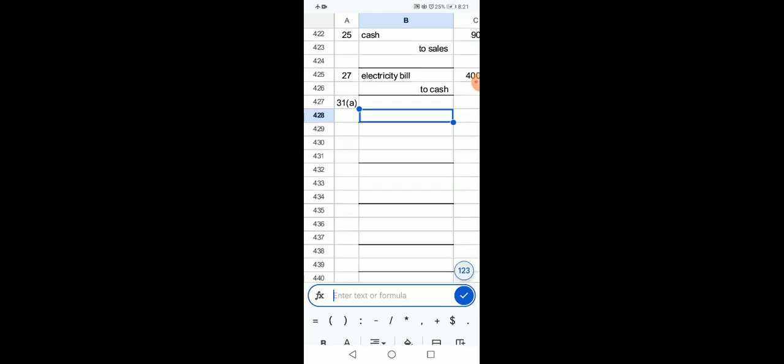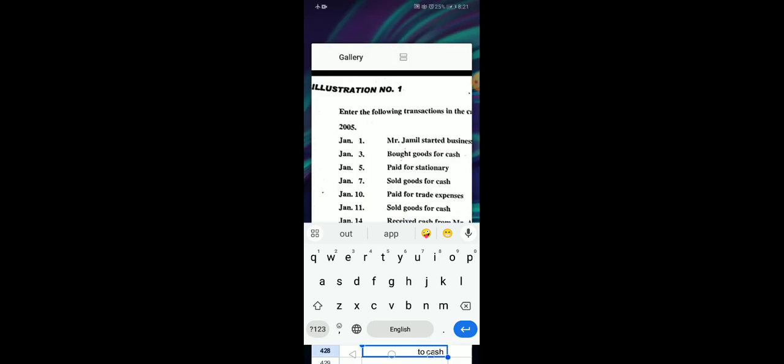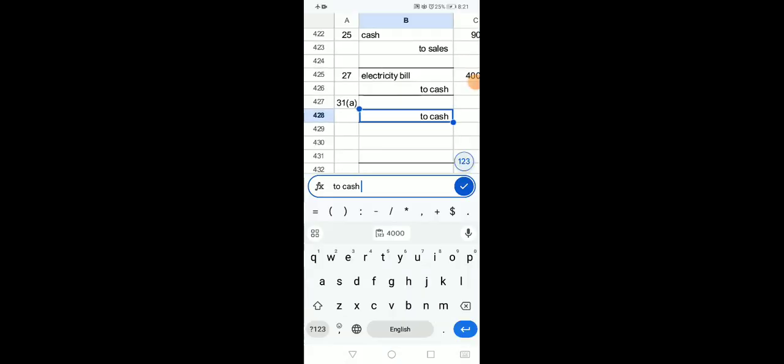Decrease in asset should be mentioned on credit side, so you will mention cash on credit side. For what purpose have you paid this cash? That is salary. As you are paying, salary is your expense. Expenses should be mentioned on debit side, so you will mention the name of salary on your debit side. Here you will put your salary.